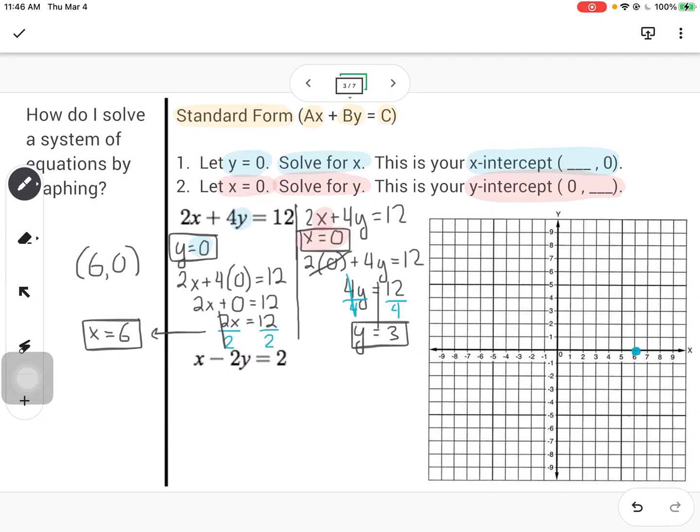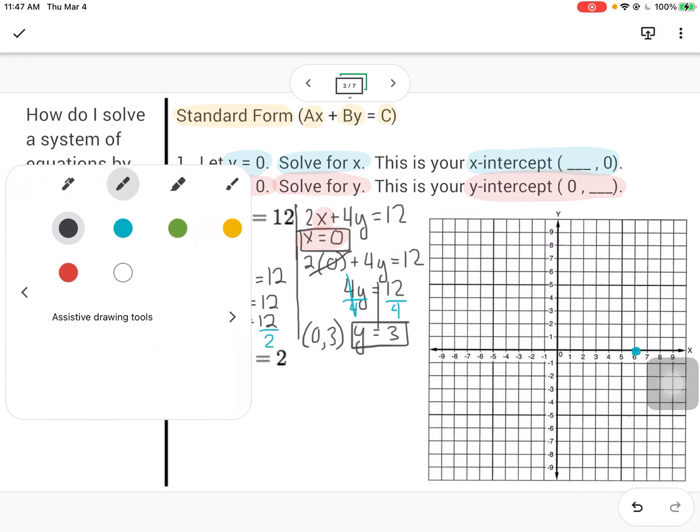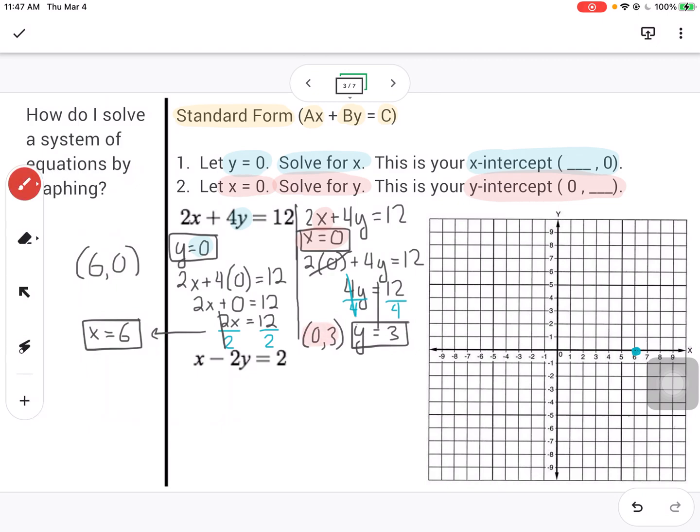So when x equals 0, y equals 3. So our other point is at 0, 3.